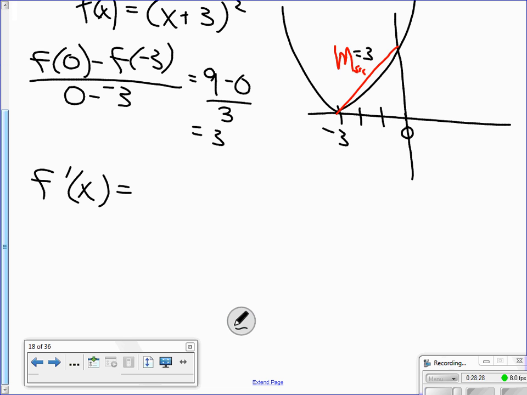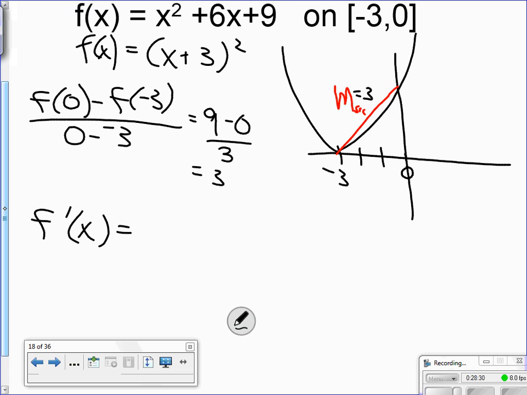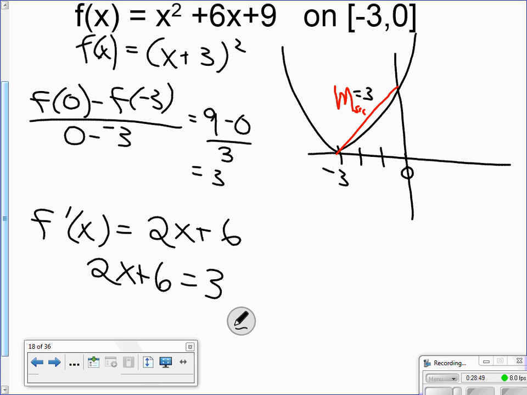What is the derivative of this function? 2x plus 6. All right, so we've got the slope of the secant and we found the derivative. What next? Set them equal to each other. That's it. So we want to know where 2x plus 6 equals 3, the slope of our secant.